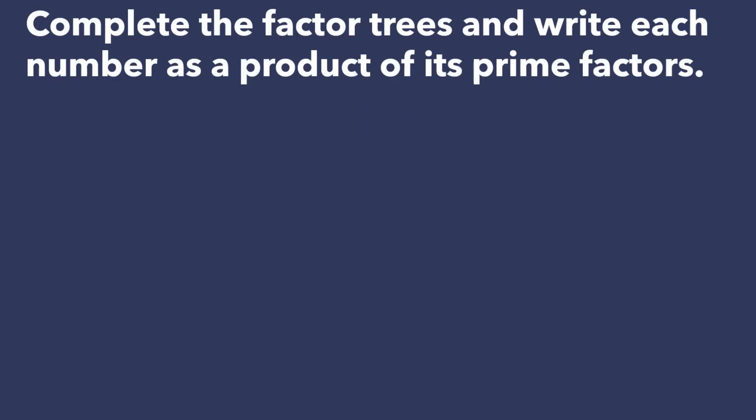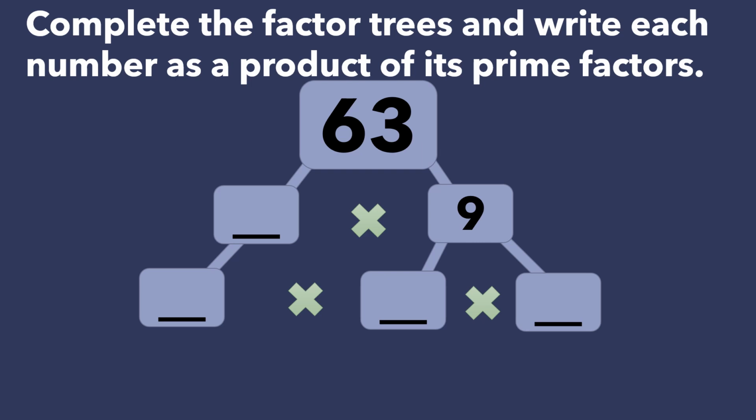Another number, 63. So this time, class, we have another number missing being multiplied by 9. The answer is 63. What do you think is it? Correct. It's 7. So this time, class, we will bring down 7 because it's already a prime number. What about 9?